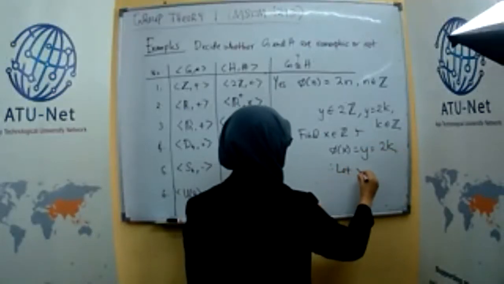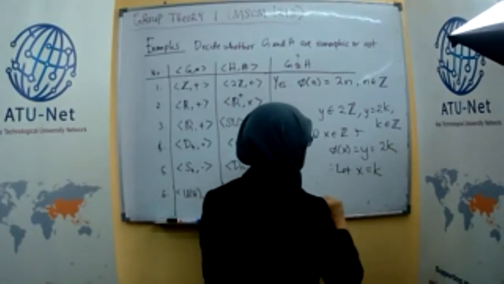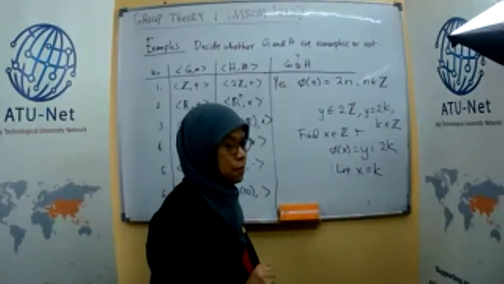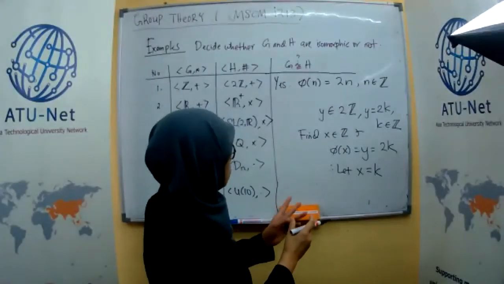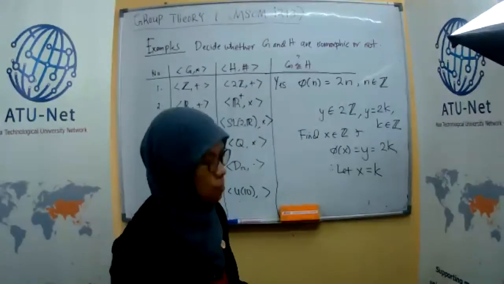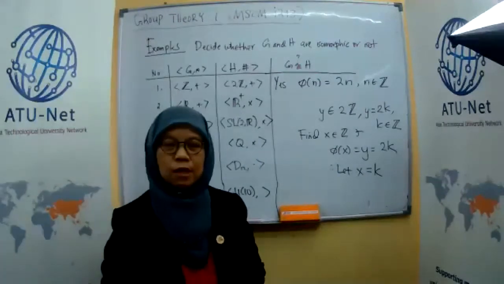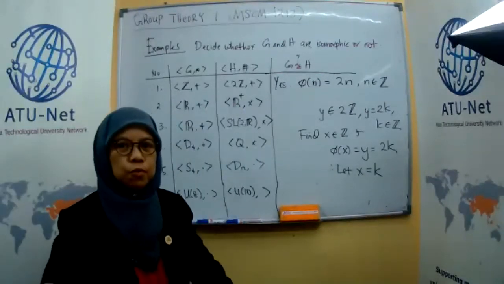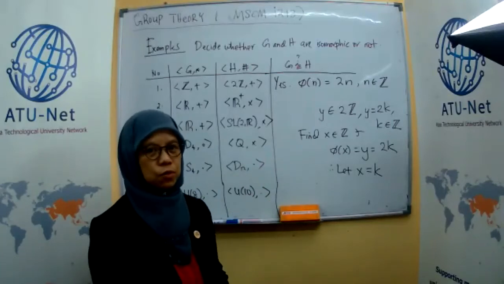So let x equal k, right? Because k will be mapped to 2k, which is y. So this is showing that phi is onto, right? 1 will go to 2, 2 will go to 4, and so on.